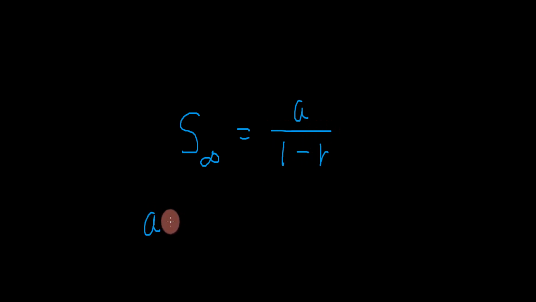For a convergent geometric series, we can find the sum to infinity by using this equation. S sub infinity equals a over 1 minus r. Here a is the first term, so the first term of the series.